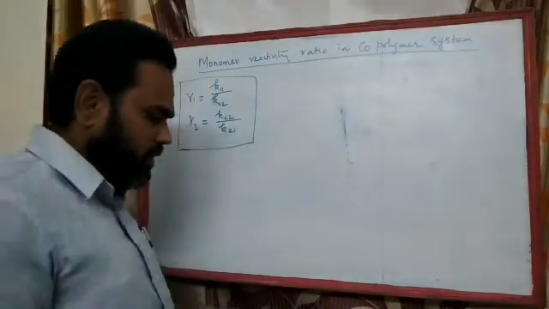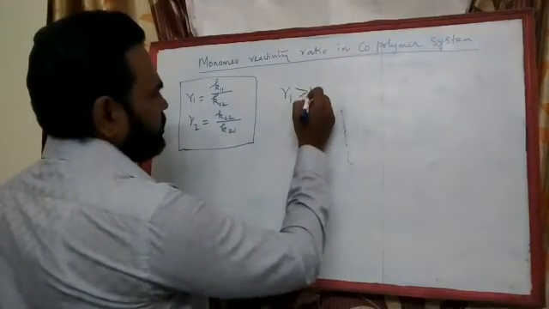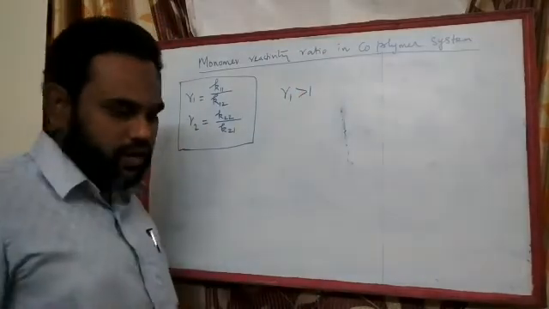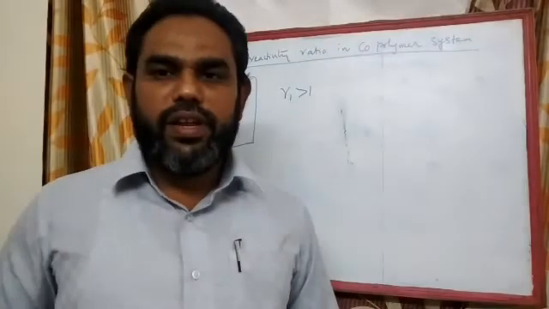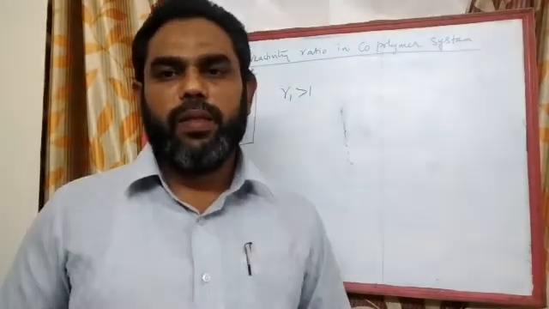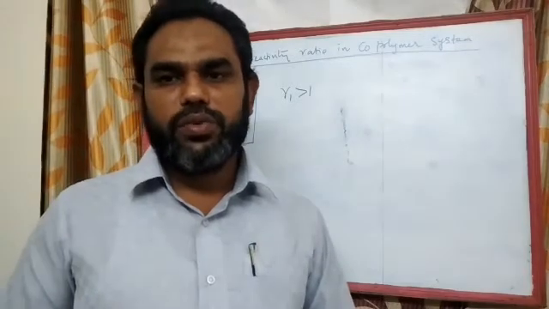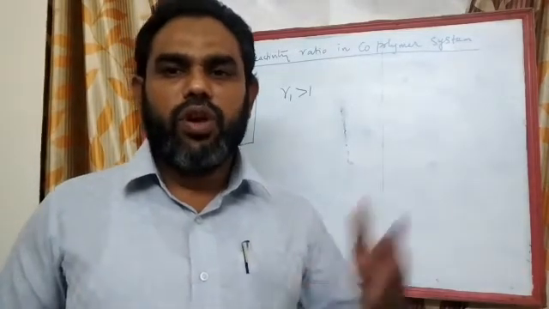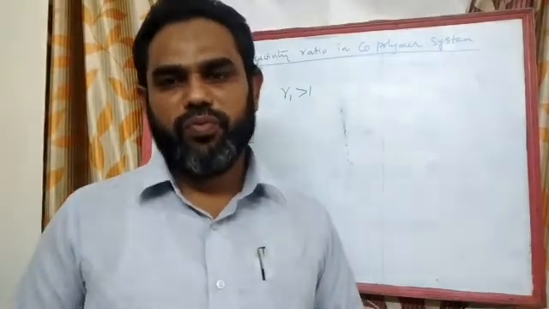So if the reactivity ratio R1 is greater than 1, then the reactivity of the first monomer is dominant. So in the copolymer composition, there will be more M1 than M2.